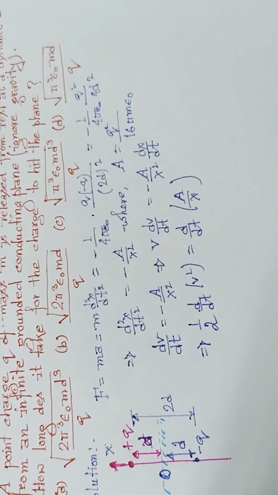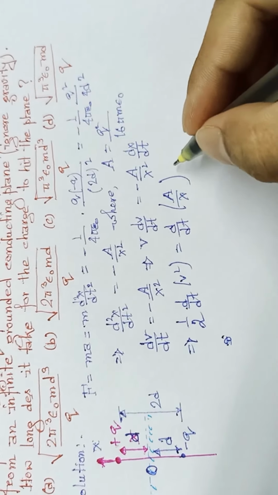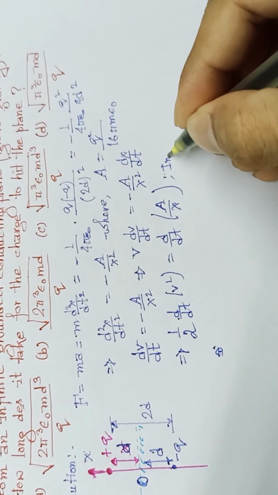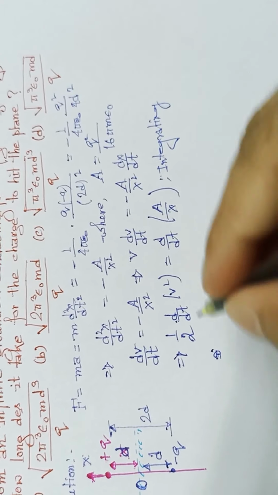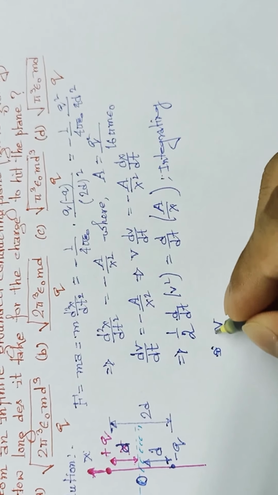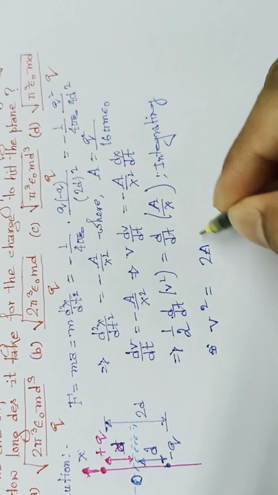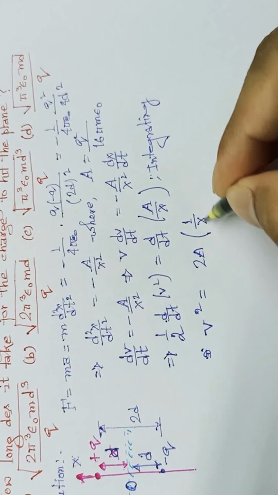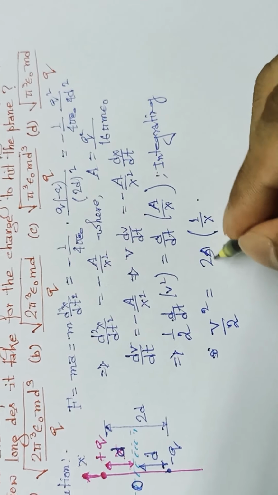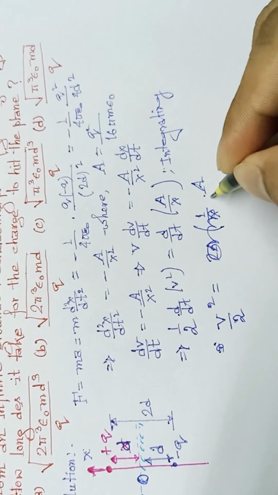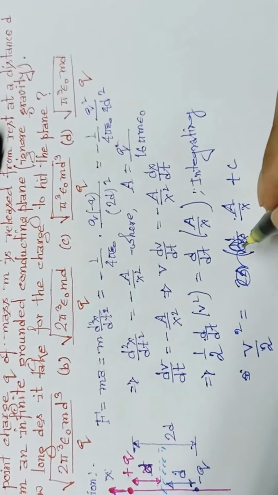So if we integrate this equation, after integrating we'll get v square divided by 2 will be a divided by x plus c. But now we have to apply the initial conditions.